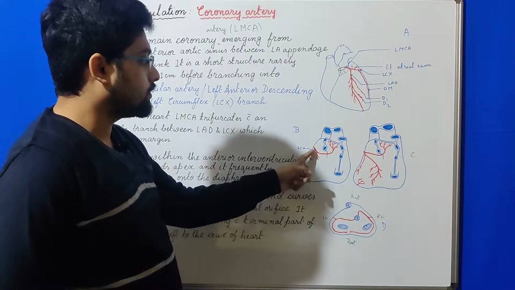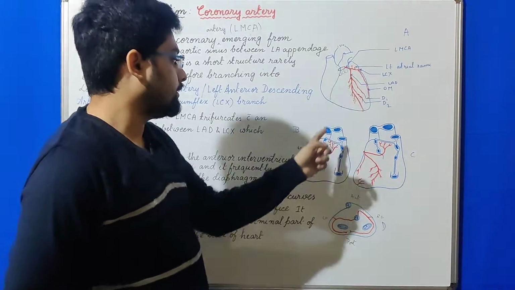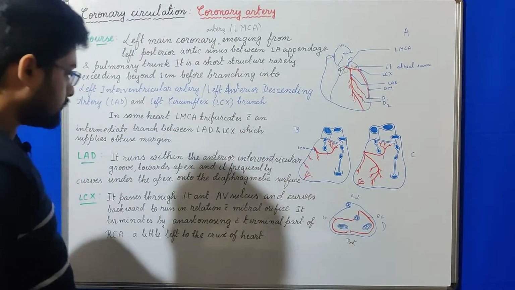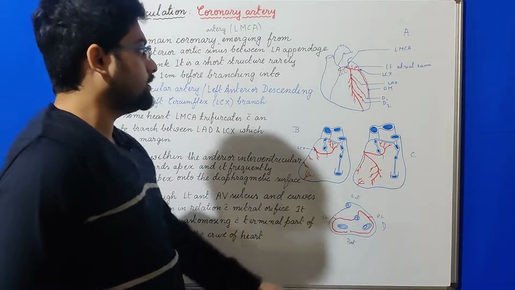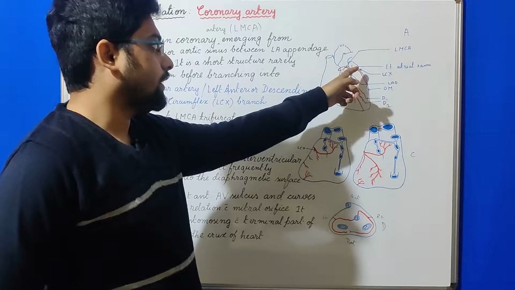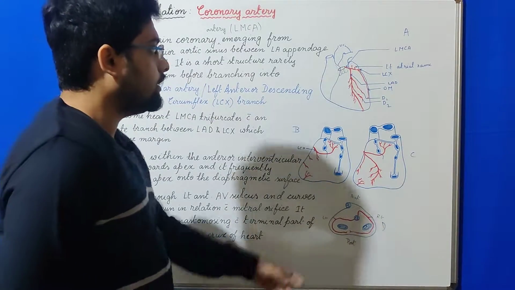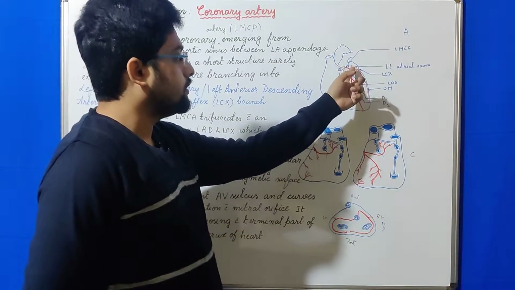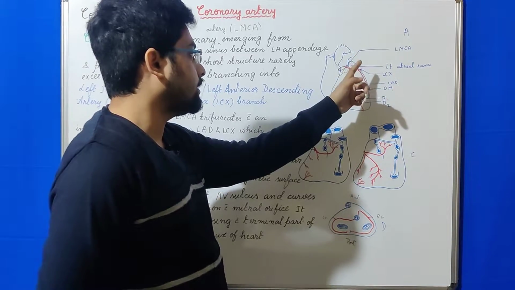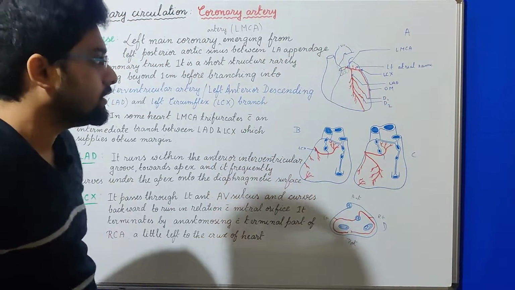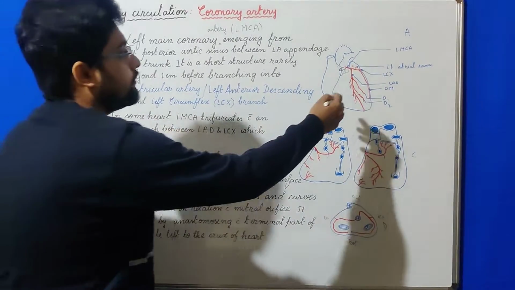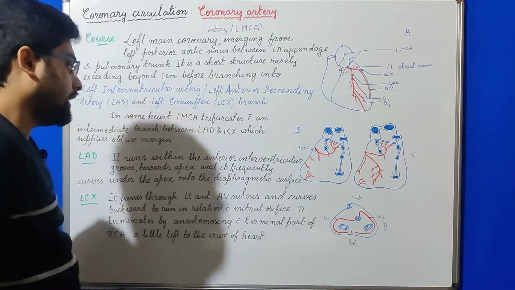So this is the left circumflex branch, just curved backward and runs in relation with the mitral orifice, that is, there is the mitral valve between the left atrium and left ventricle.